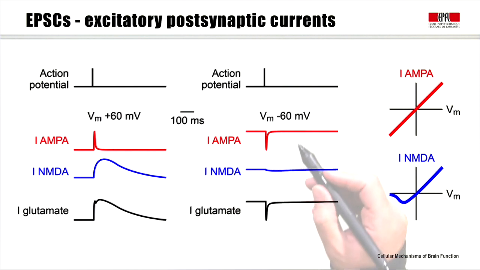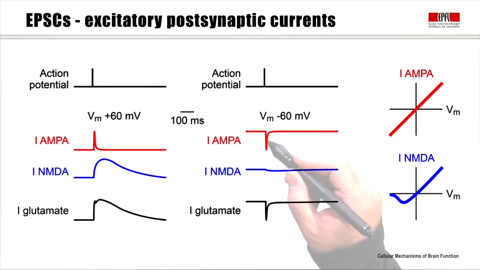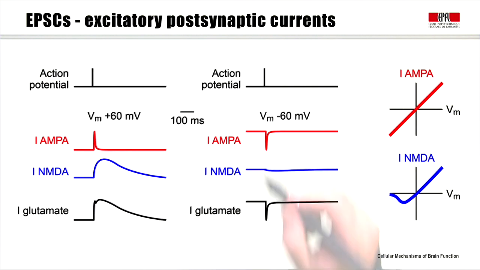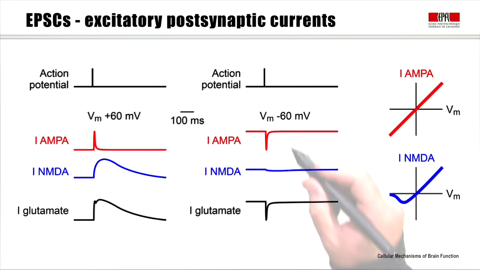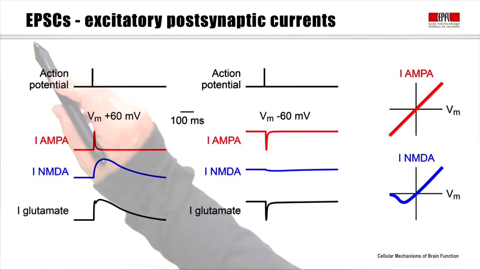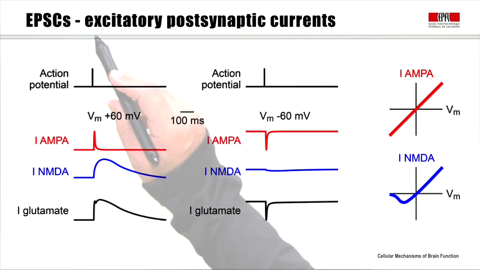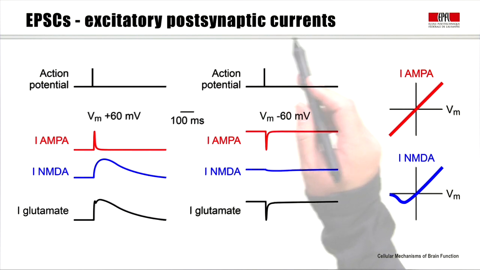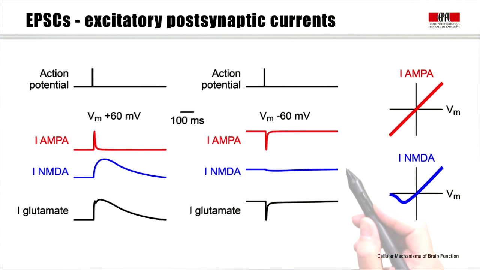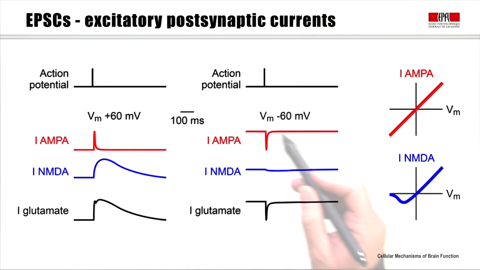AMPA receptors, just like the isolated patch measurements that we discussed in the previous video, give rise to short 2 millisecond or so duration conductance changes that here are then measured through the voltage clamp amplifier in terms of an excitatory postsynaptic current. That's an EPSC, an excitatory postsynaptic current. The NMDA receptors are, however, largely blocked at negative potentials.